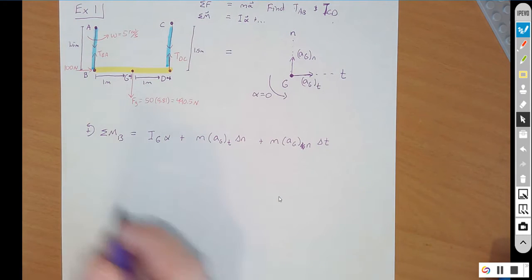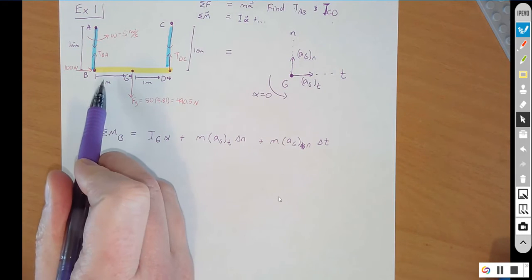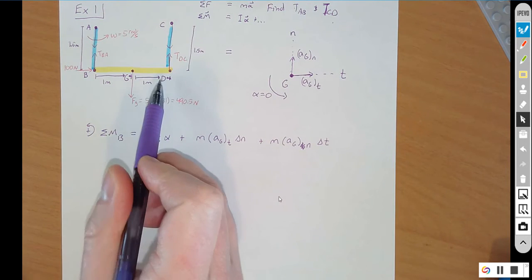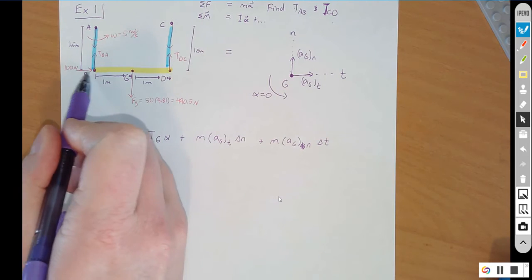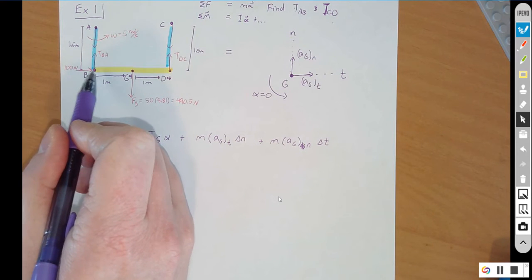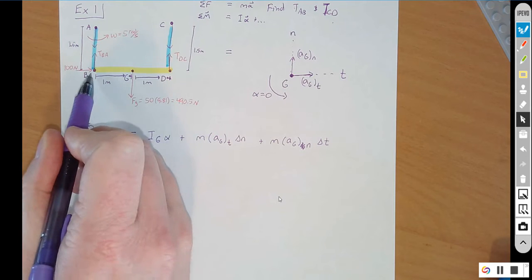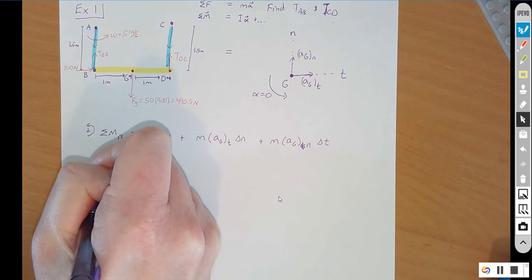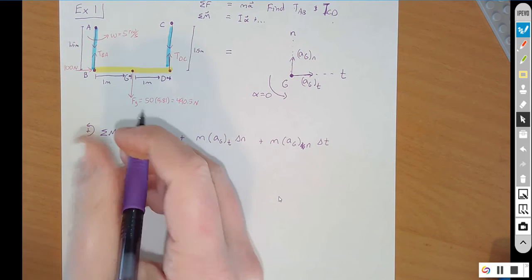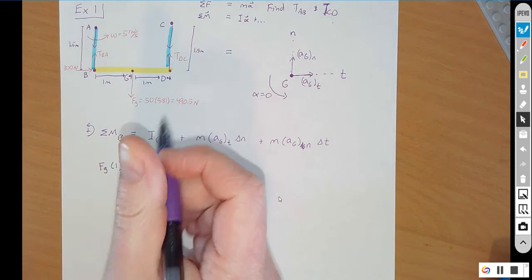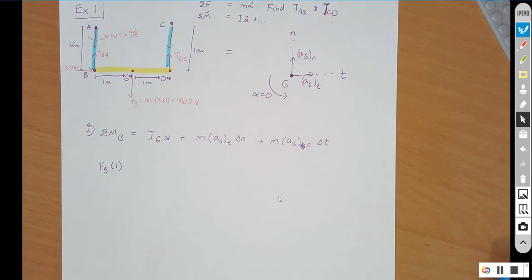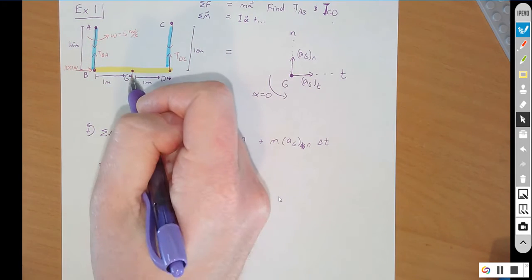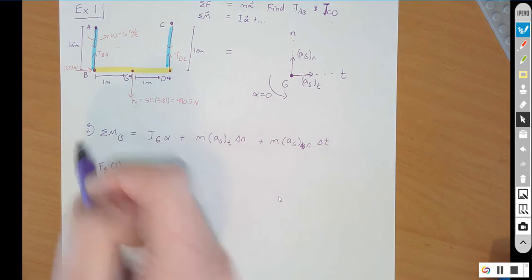So if we look at our moments, we're going to look over here. Again, we're looking at just the yellow bar. The 100 newtons acts at B, so does tension BA, so I don't really care about those. So I have this force G acting downward. It acts 1 meter away, and it will produce a negative moment as I've defined it.